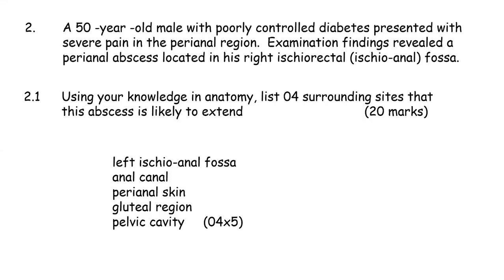You have been given the diagnosis, right? So number 2.1 is, using your knowledge in anatomy, list 4 surrounding sites that this abscess is likely to extend. 20 marks. Again, look at the verb. We are asking you to list. And we have given you 20 marks, because this listing is not that simple like the listing before.